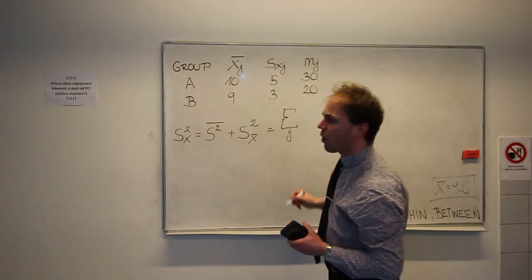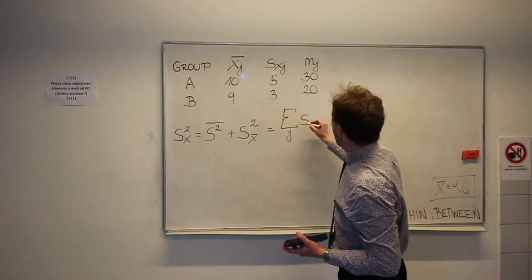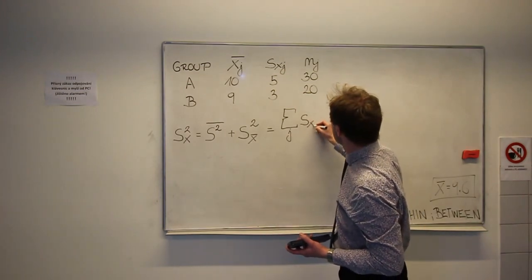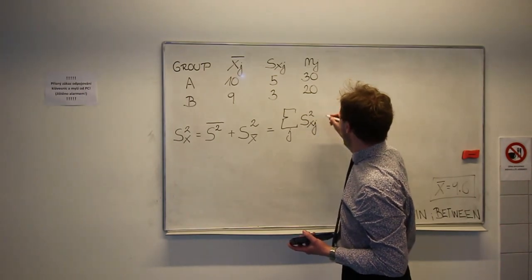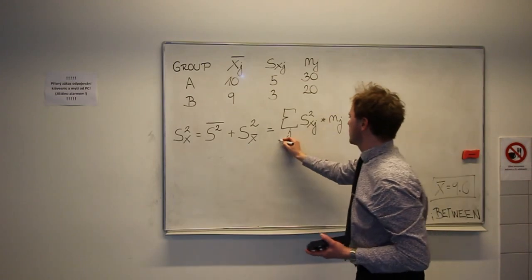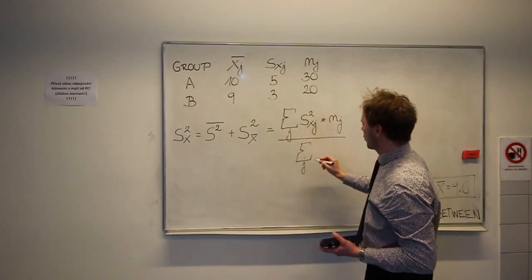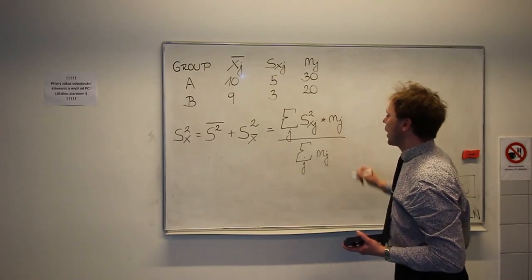This can be rewritten as summation through all j of individual s_xj squared weighted by n_j, divided by summation through all j of n_j.